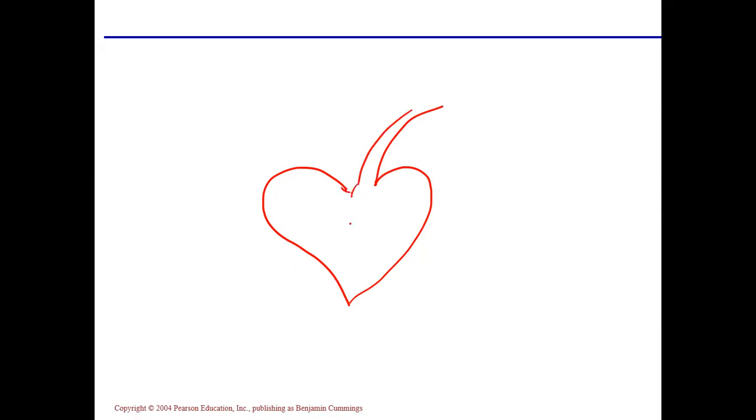All right. So here we got the heart. Here's the aorta. This time I'm just going to show you the left side, as you know. And this was the AV valve that is closed during the contraction.